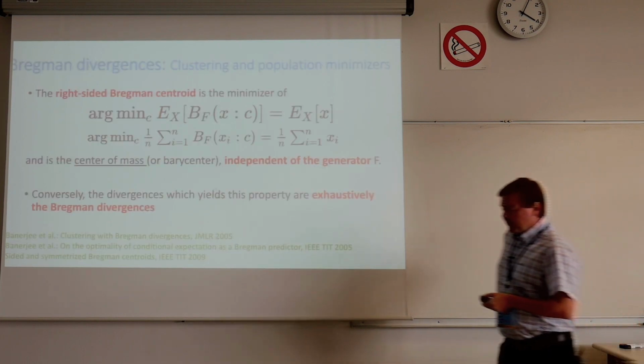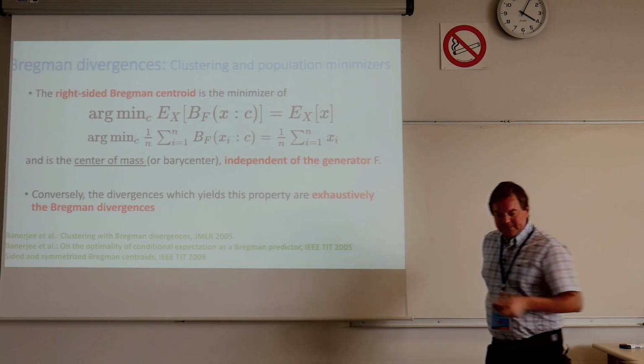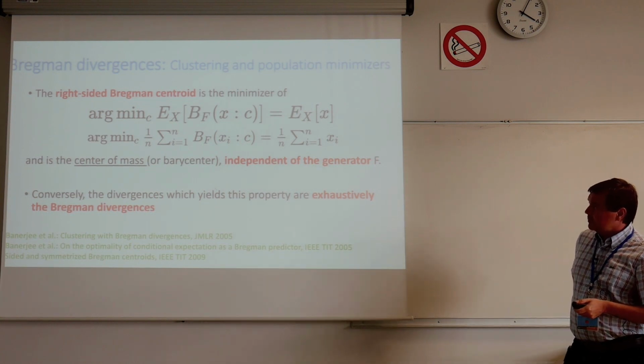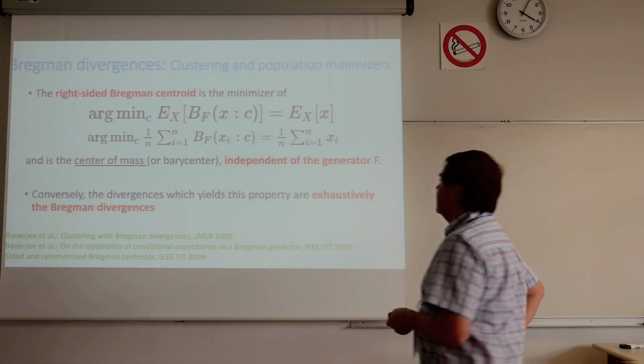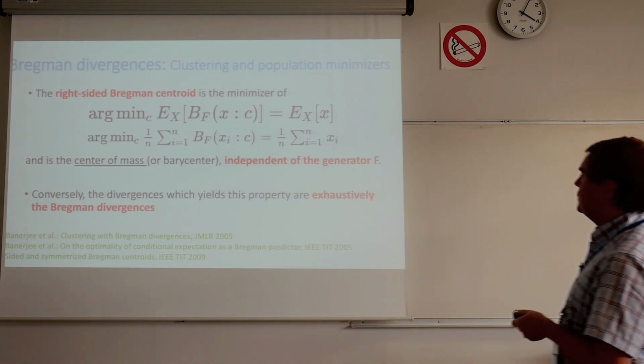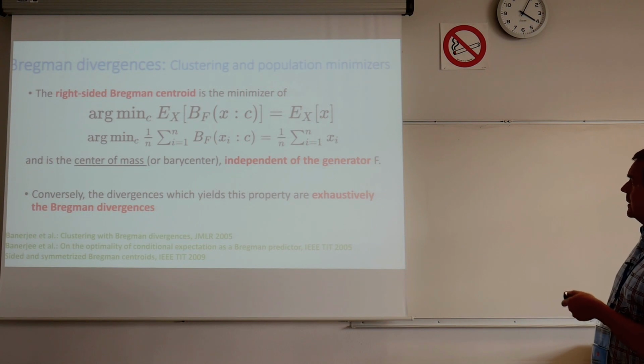And it has been widely used in machine learning, as I told you, because there are also some kinds of properties, and actually those properties are exhaustive properties for specific classes of distances. So if you take clustering, what you know is that if you cluster on the right-hand side for the Bregman divergence, so if you want to minimize the Bregman center C, the centroid, that minimizes this, then you will find that it is the center of mass.